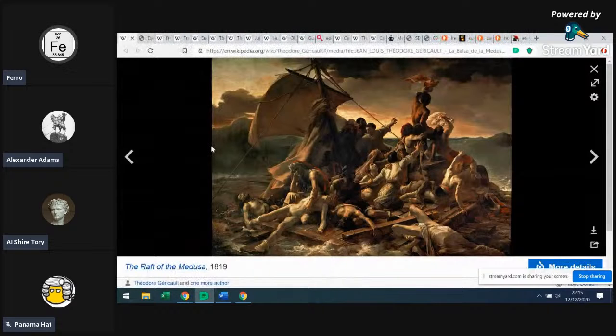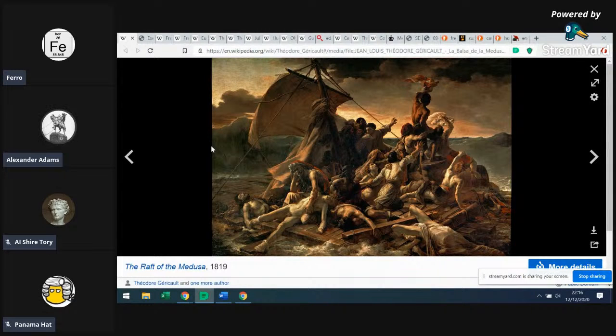Okay, I think this is the next one, the very famous raft. Yeah, so this is the Raft of the Medusa, 1819. This was a great painting. Caused a sensation. This is based on a true story of a French frigate, which was off the coast of Africa, due to a series of unfortunate circumstances and also to inappropriate commands.